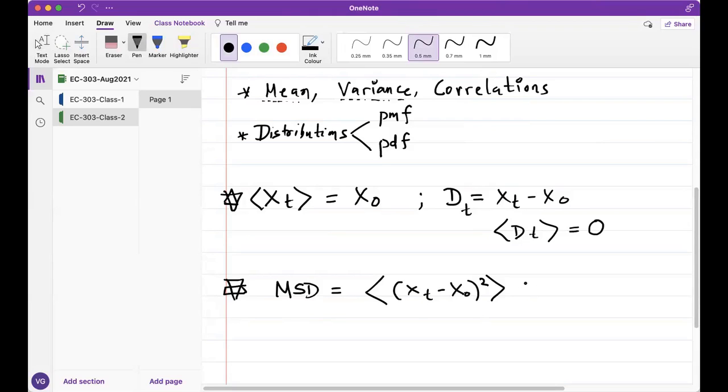Okay. And what we showed was that this was proportional to or equal to sigma square times t, where sigma square was the variance of step length.